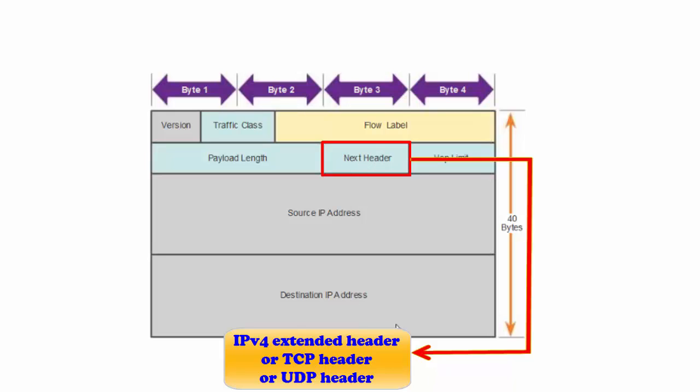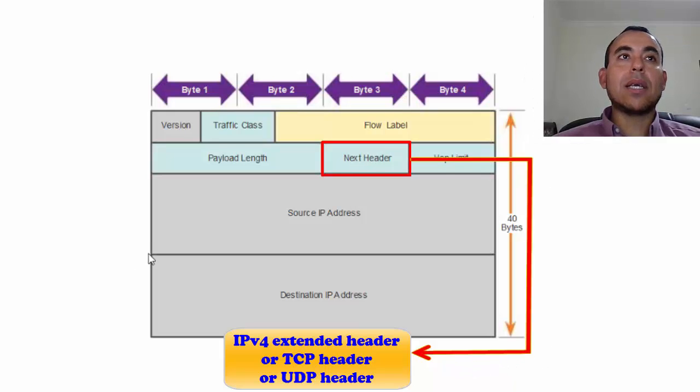So you can actually have a payload that uses an IP address version 4 header, for example, and in that case, this next header will point to the next header, which is using IP version 4. So you can really encapsulate any other protocol inside the IP address version 6 protocol. You can encapsulate UDP, TCP, ICMP, and you can encapsulate an IP packet using IP version 4 as well. So this next header always points to the next header in the IP address version 6 packet.